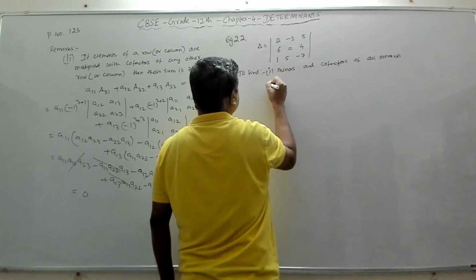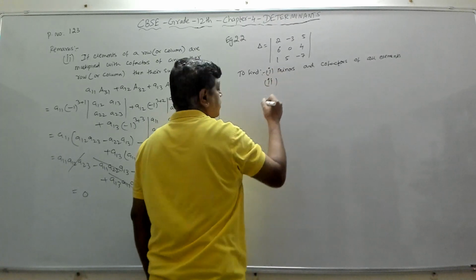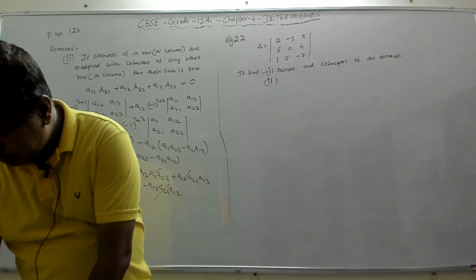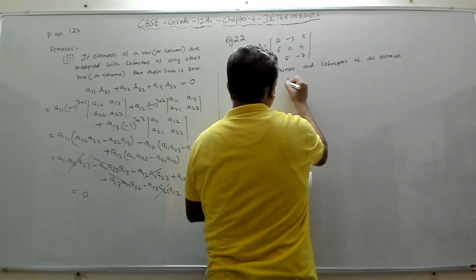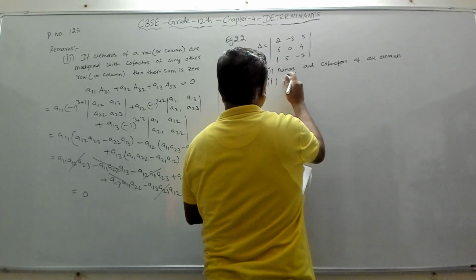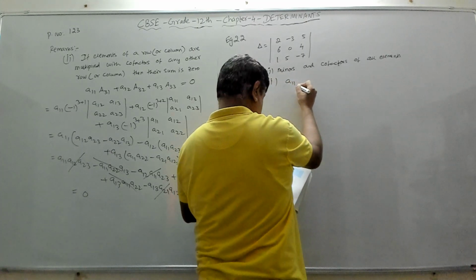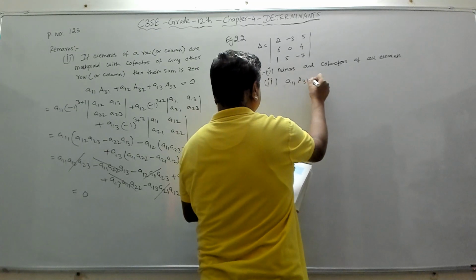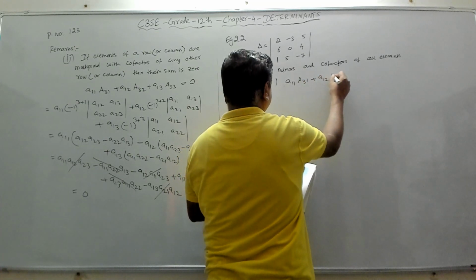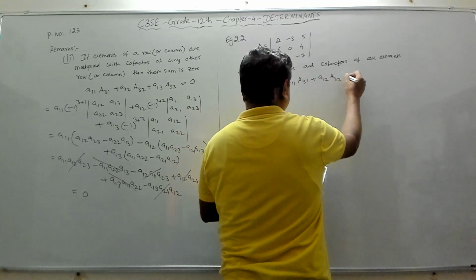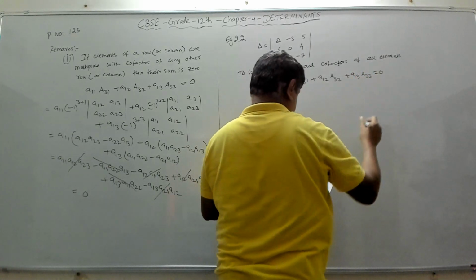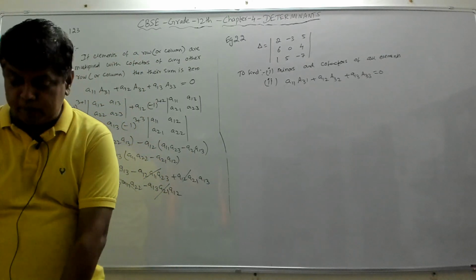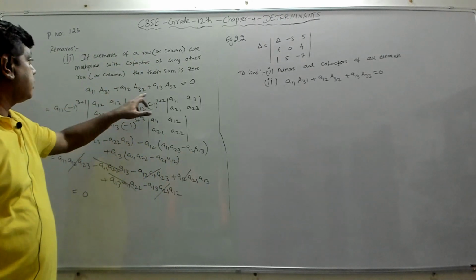The second part is to verify. We have to show that a11 A31 plus a12 A32 plus a13 A33 equals 0, where small a are the elements and capital A are the cofactors. They have asked us to verify this.